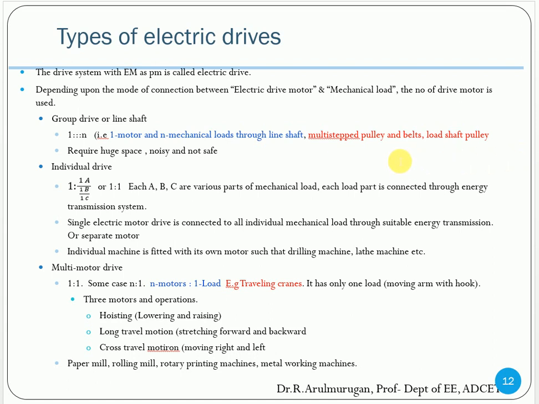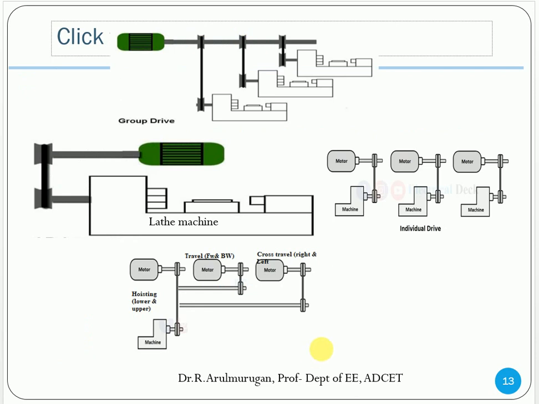Cross-sectional motion means that in that particular place I will move across. So in this type of application, there is only one load, but N numbers of motors are connected, with respect to your requirements.